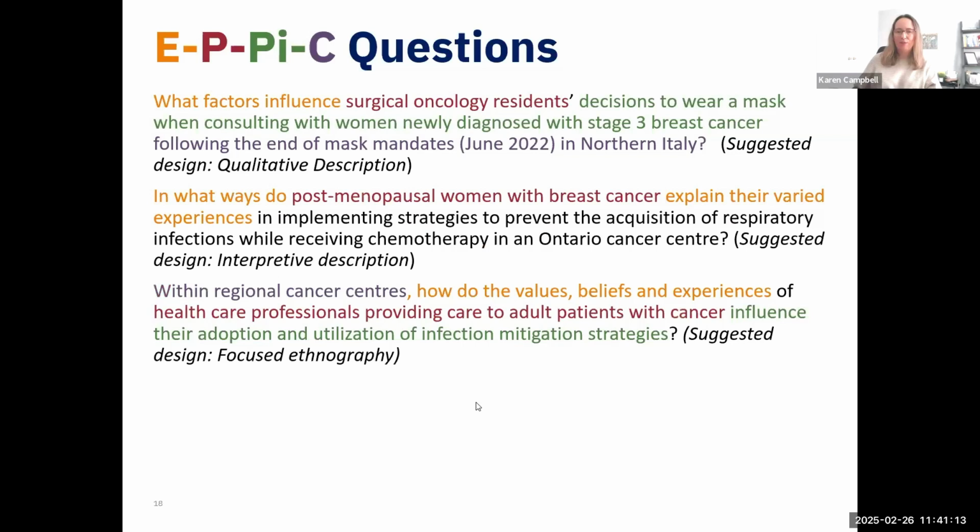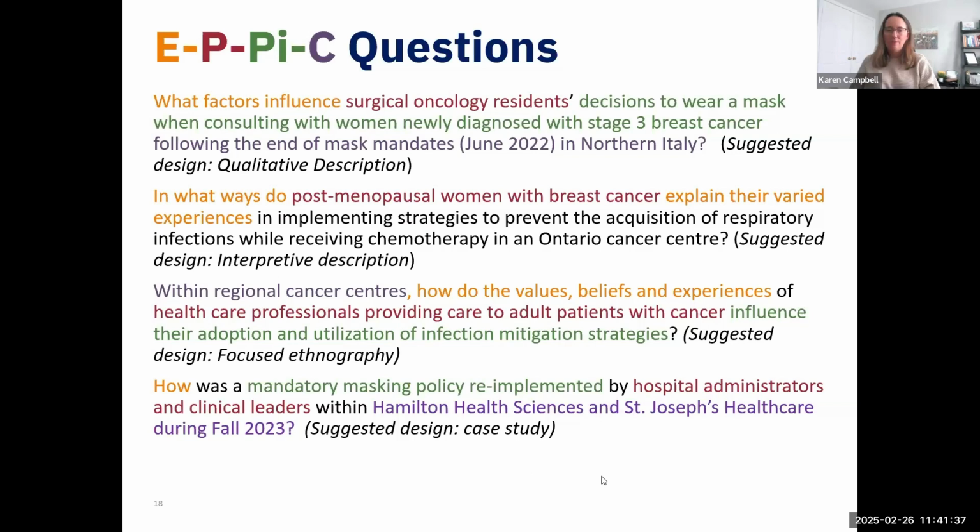A focused ethnography. So again, we have the context here at the beginning of the question, the regional centers, and then how do the values, beliefs, experiences. And again, we include the population as well as the phenomenon of influencing the adoption and utilization of infection mitigation strategies. And finally, there's a case study suggestion.